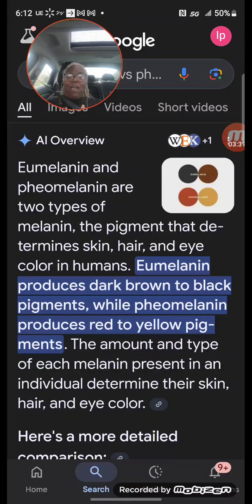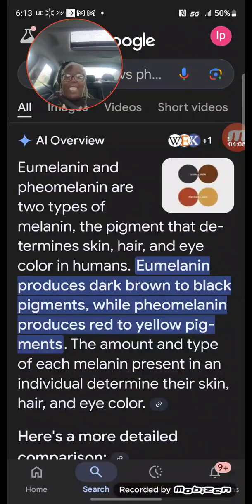But on the scale of this hierarchy, according to them, in this power system, they chose that the whites at the end of the spectrum, which is the pheomelanin, will have this higher status on what one may call a pyramid, and the ones in the middle will hold a higher status than the ones called eumelanin at this end, which is the darkest.